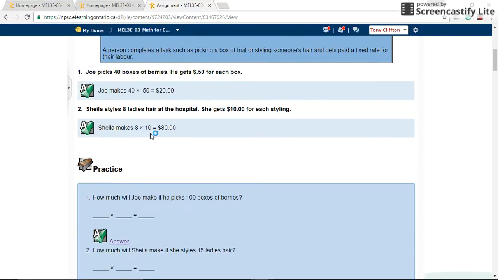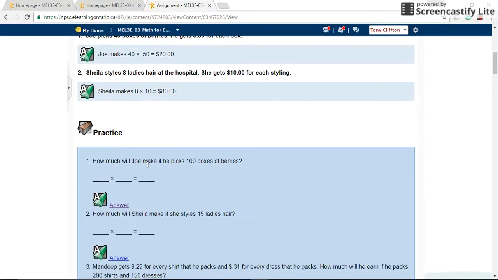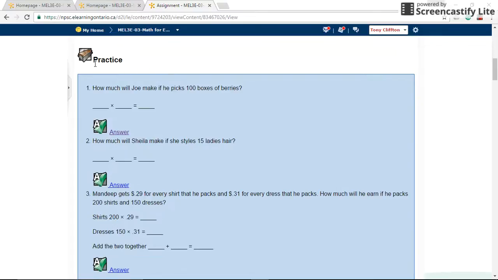There's another example. Sheila styles 8 ladies' hair at a hospital. She gets $10 for each styling, so 8 times 10. There's also some practice examples.